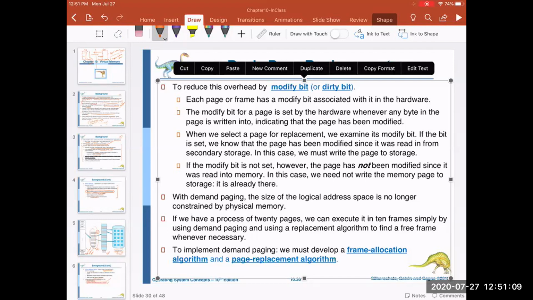Now there is a disadvantage that a page fault requires traps to be initiated. The advantages are that we can keep more programs multi-programmed. The developer need not think about the size of the memory.